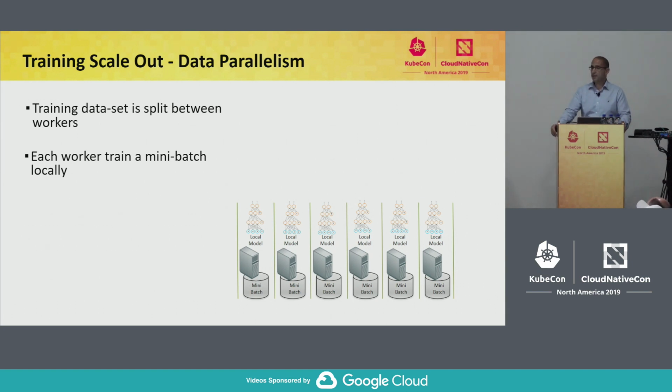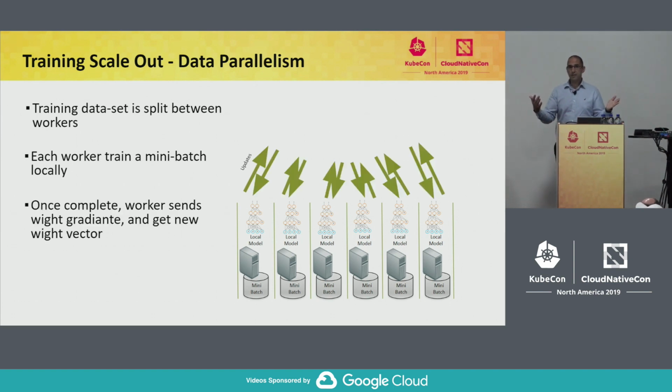Now, if each of the computers does local training, you'll end up with 6 different models, because each of them was working on different data elements. So that will not work. What we really need to do is combine those machines' power together. The way to do that is to split the data into mini batches, let's say 32 images, do local training on each node, and then communicate the results and combine them together through the network.